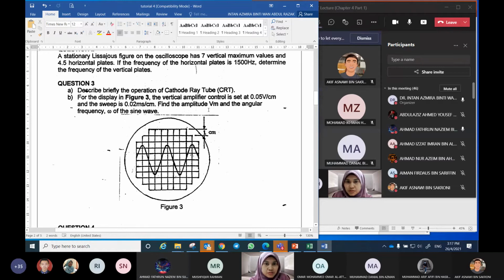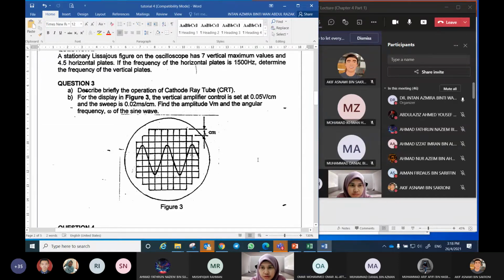V maximum or V peak. Okay, so about 2.5 multiply with 0.05. Now, what is the value of peak-to-peak amplitude or peak-to-peak voltage? Multiply by 2. Omar Muhammad, what is the value of peak-to-peak voltage?